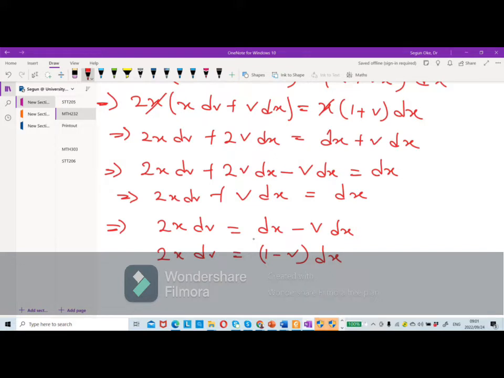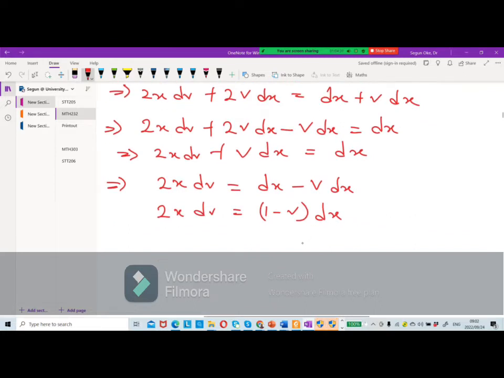So we can divide both sides by what? Who can tell me? At this point, 1 minus v and 2x also. Let me explain to others. What we are going to do is simple. Let me do it one after the other so that others can learn from it. The v is here, the x is here. I want x to become here, and I want v to be here.